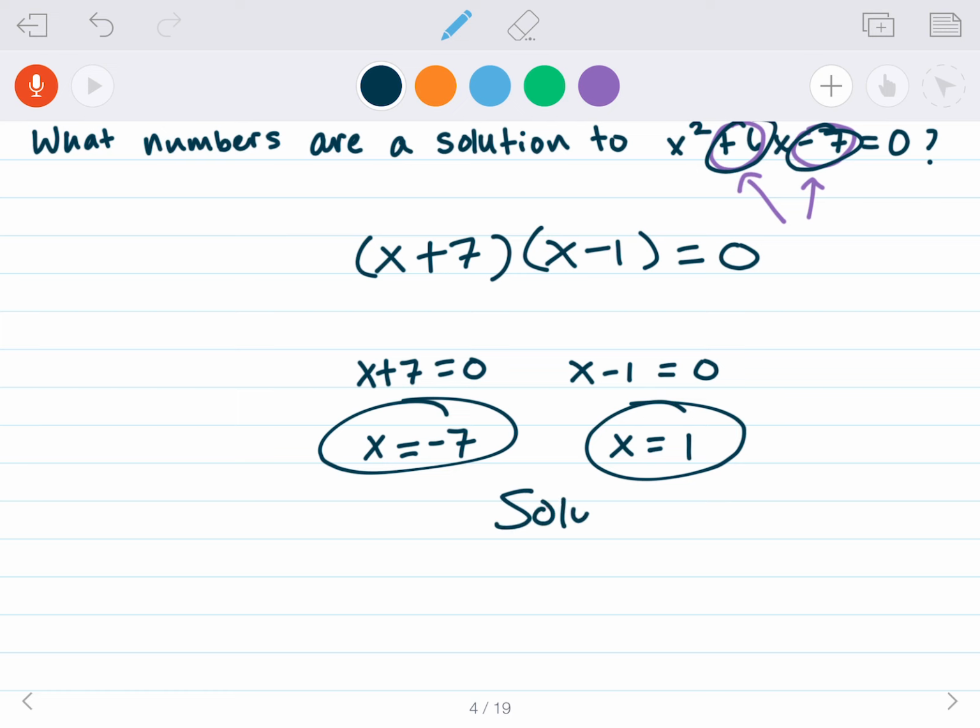So these are my solutions. In this case, they're the zeros as well. And going back to what we learned in the very beginning, what this means is if you plug in -7 into our equation, and if you plug in 1 into our equation, we're going to get a true solution. So these are our zeros and also our solutions here.